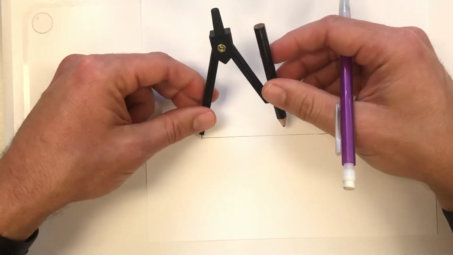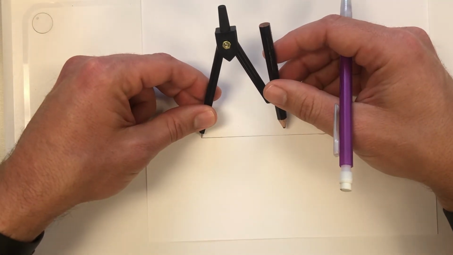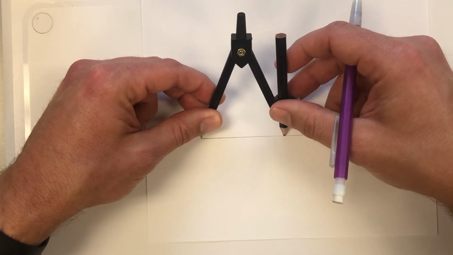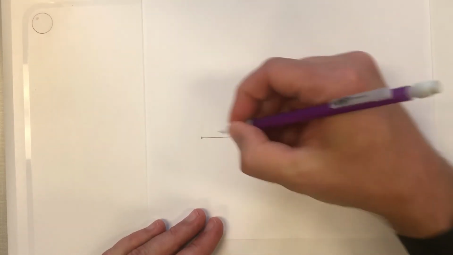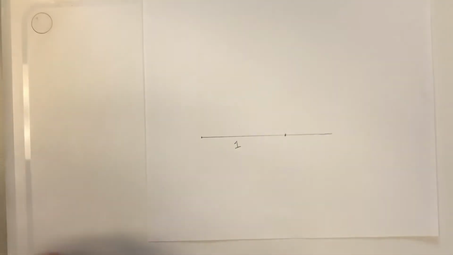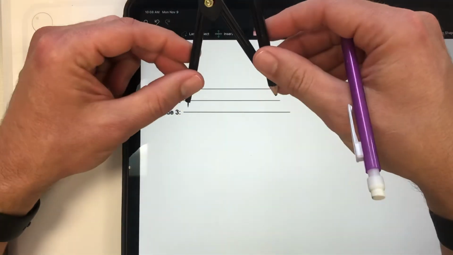And I'm going to go to my paper, and make a mark where side 1 is. So this is going to be side 1. Okay, then I go back over to my assignment, and I look at side 2.